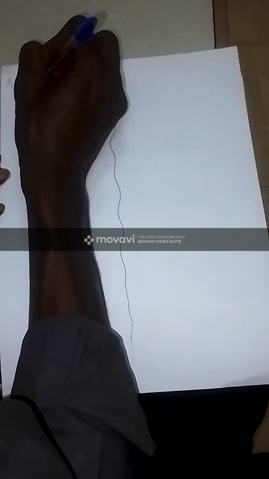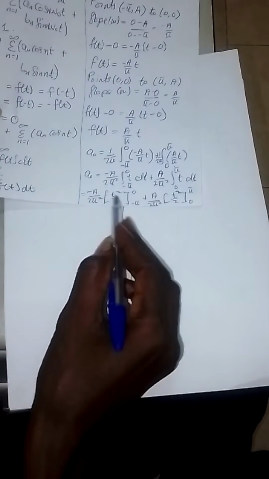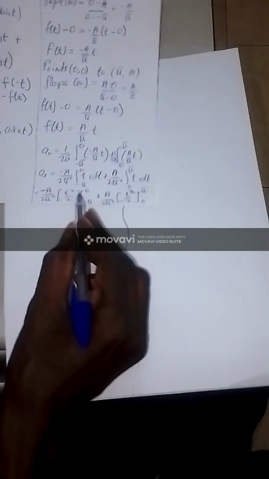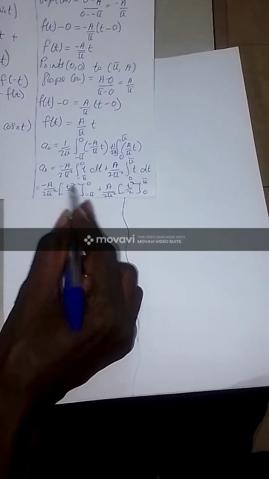From what we have done so far, a naught is equal to minus a over 2 pi squared into, you put in the upper limit first. So I'll put in 0 first, because 0 is my upper limit before minus pi. If I put in 0, t squared over 2 becomes 0.